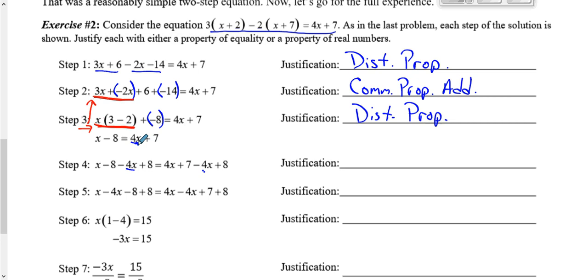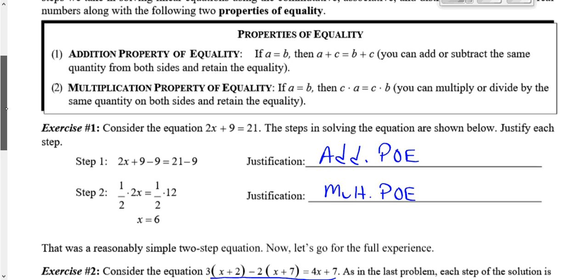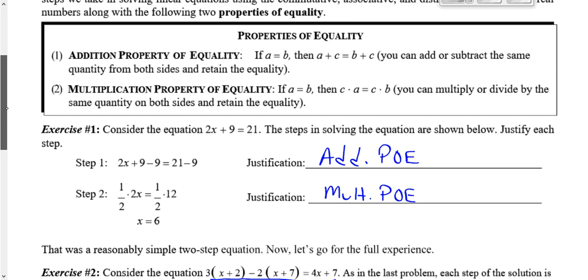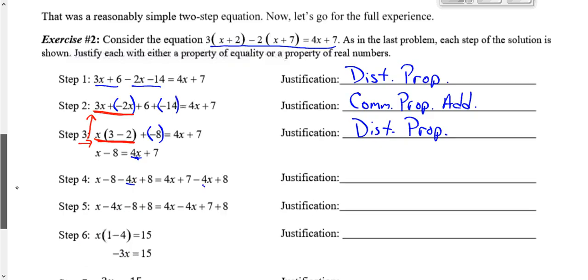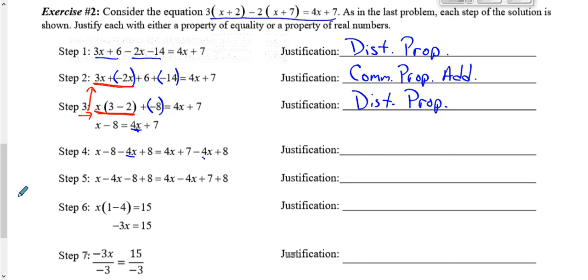Subtract it from both sides, which is what property? Yeah, it's the addition property of equality, where you add or subtract things to both sides of an equation, right? Okay, we just did that.